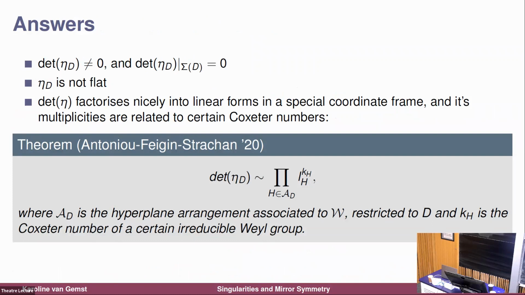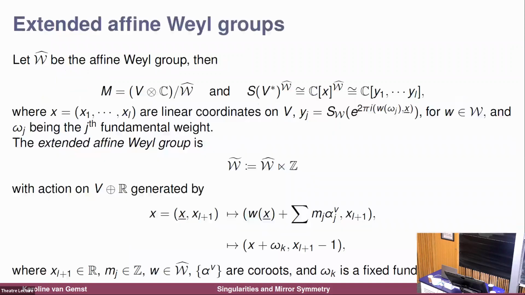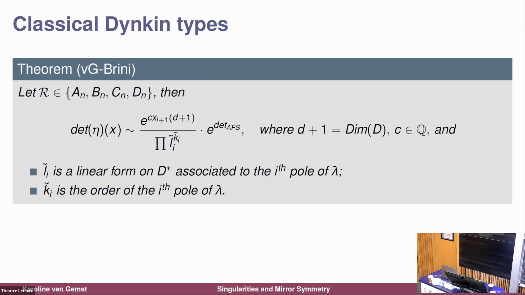That is crucial for what I want to talk about now. So here, in the theorem for the non-affine Weyl groups, for the classical cases, they also use the superpotential very actively, in which case the superpotential is rational and you can manipulate it in various ways to find an explicit expression for the determinant in some nice coordinates. So that we can do, and we did, in a very similar fashion.